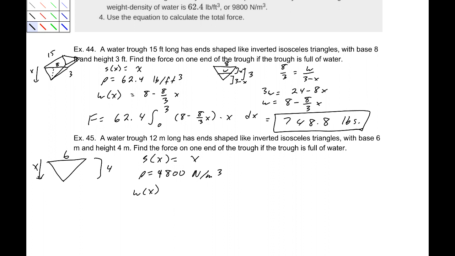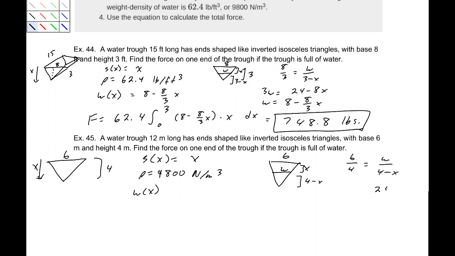So we've got 6, and at a depth of x, we have a remaining portion of 4 minus x, and we don't know our width. So that will be 6 is to 4 as w is to 4 minus x.